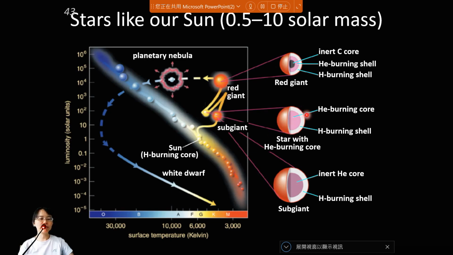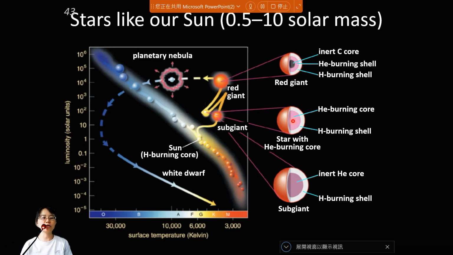Later, as the whole process goes on, helium will gradually be used up from the internal part. We will have an inert carbon core. As said, helium-4 fuses into carbon or oxygen. So now we have an inert carbon core. At this time, the helium burning will be at the outer part of the sun.